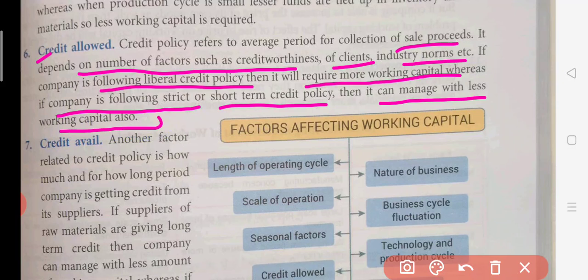This kind of policy is a very liberal credit policy. The client to whom you are selling your products will have 2 months to pay your amount. Then it will require more working capital, because if the company is following a strict or short term credit policy, then it can manage with less working capital.